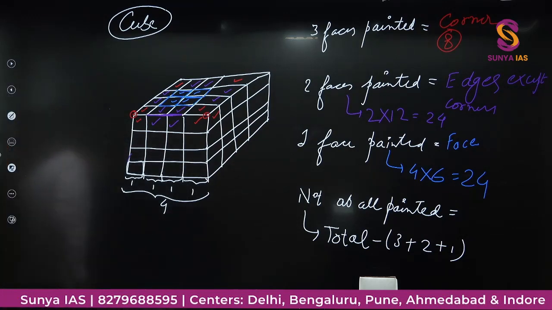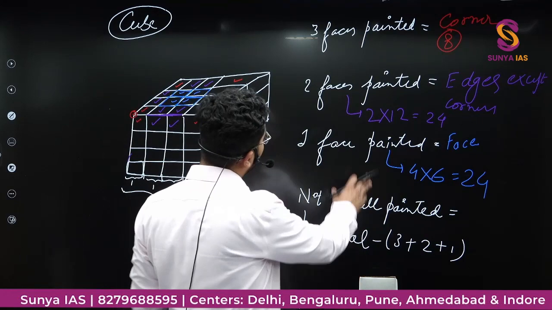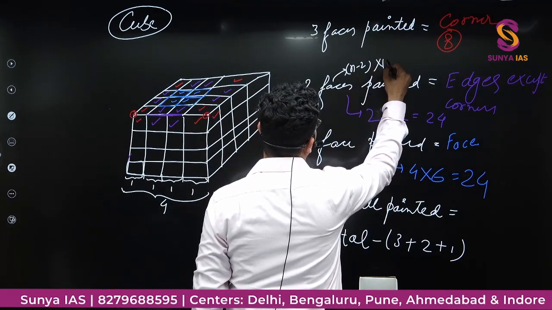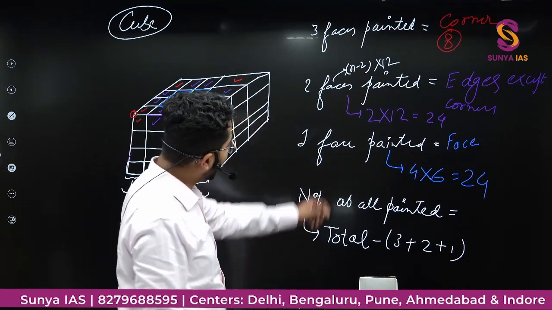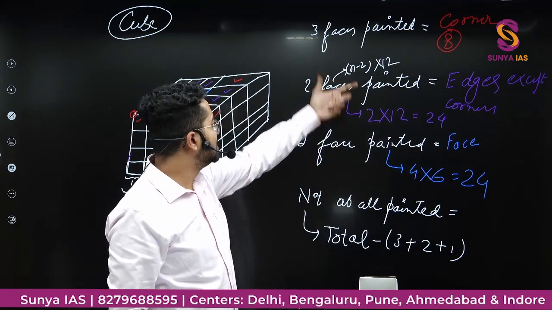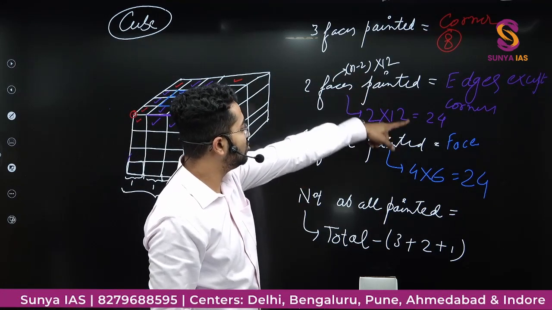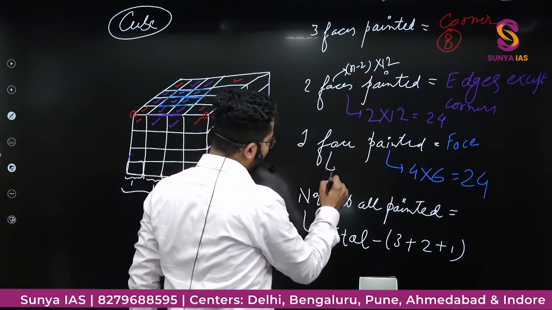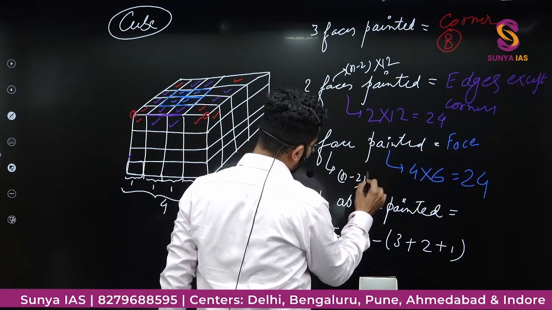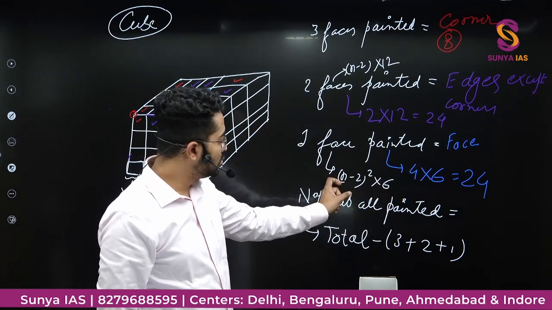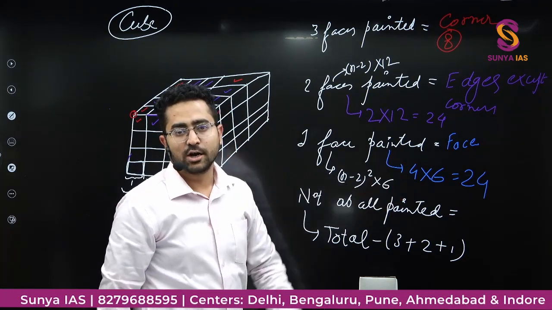So the formula for 2 faces painted is (n minus 2) into 12, where n is the side of the cube. The side of the original cube was 4 centimeters. So 4 minus 2 is 2, 2 into 12, total 24. The formula for 1 face is (n minus 2) square into 6. n is 4 minus 2, 2 square is 4, 4 into 6, 24.